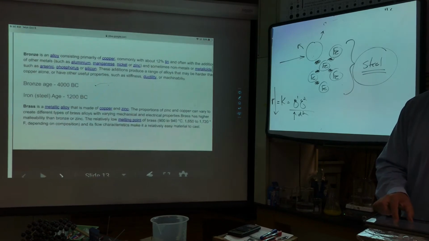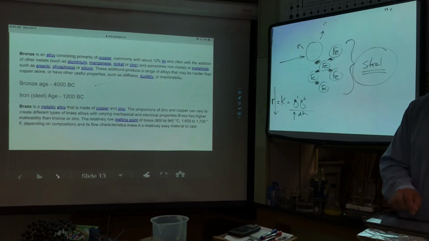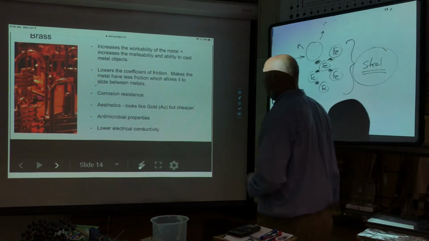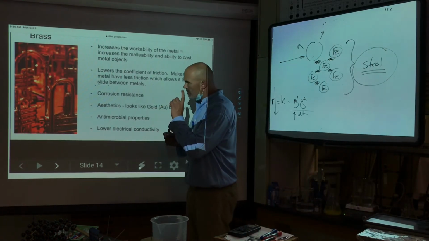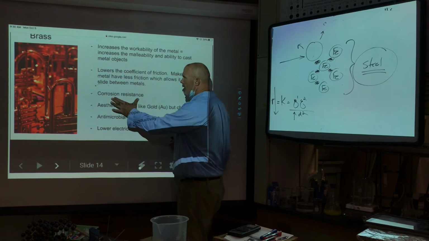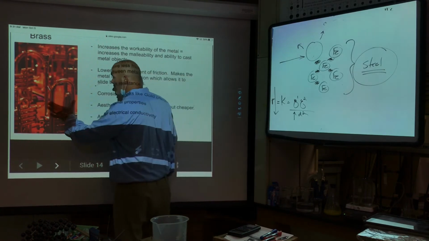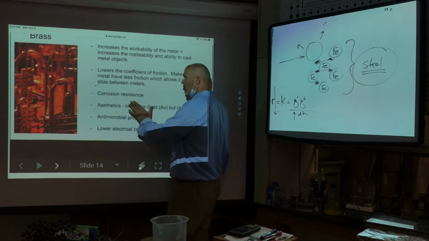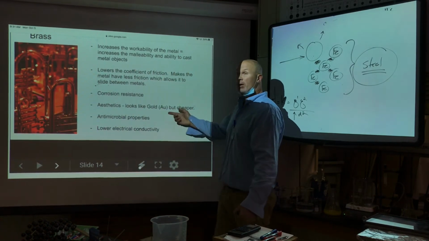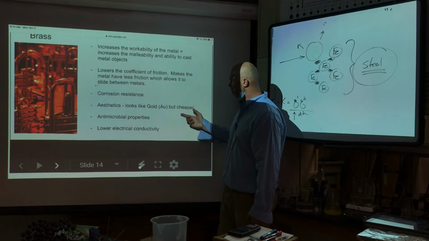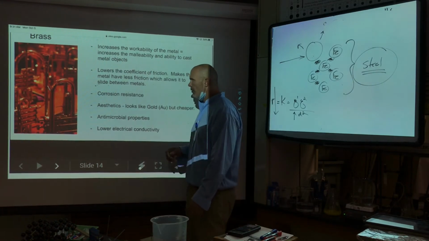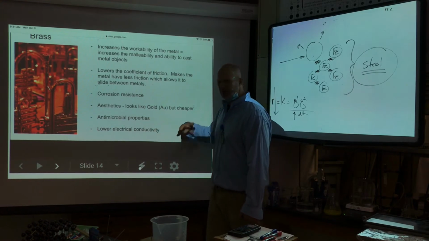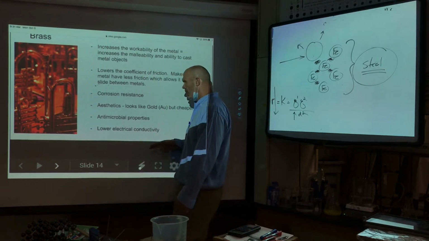Okay, we talked about the bronze and iron steel. Brass is a very important alloy that we see around. And what mixing zinc with copper does, it gives the zinc a little more resistivity, or even the copper. So it's corrosion resistant. It looks like gold. So people like to use it for ornamental things. It has antimicrobial properties. Anything with copper has antimicrobial properties.